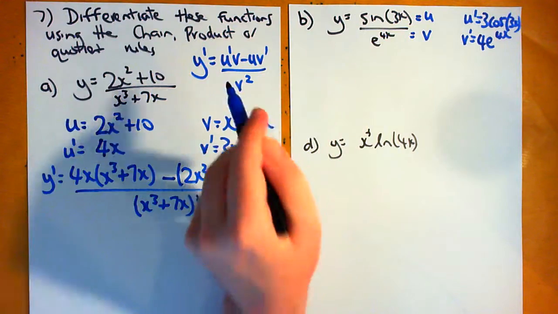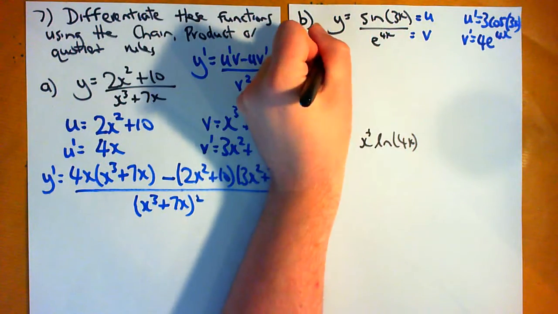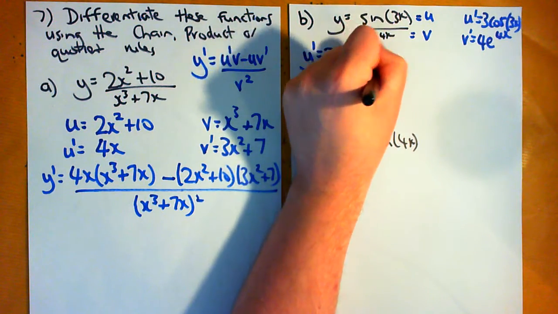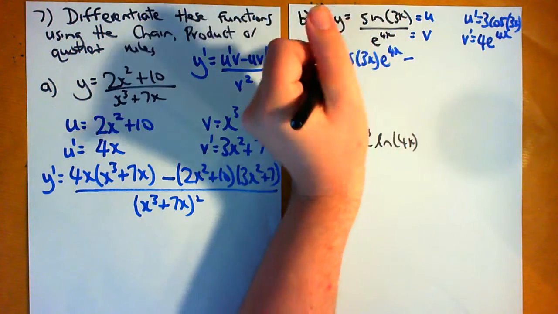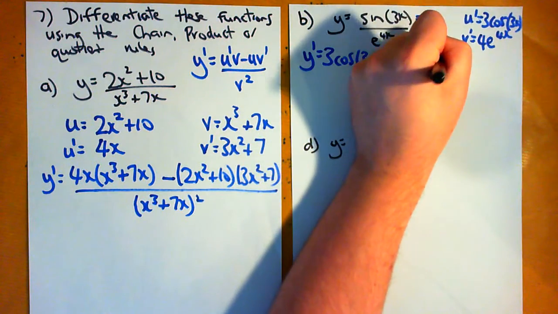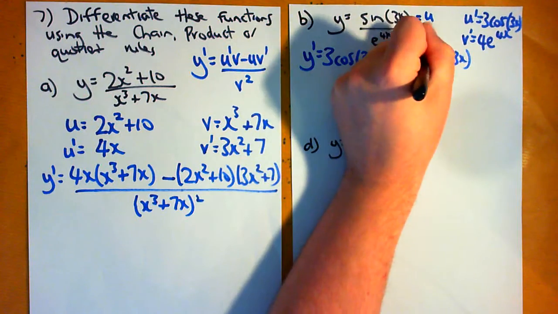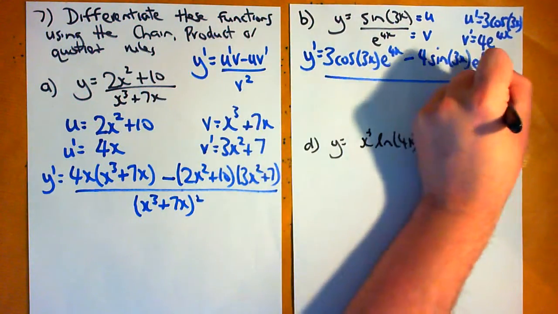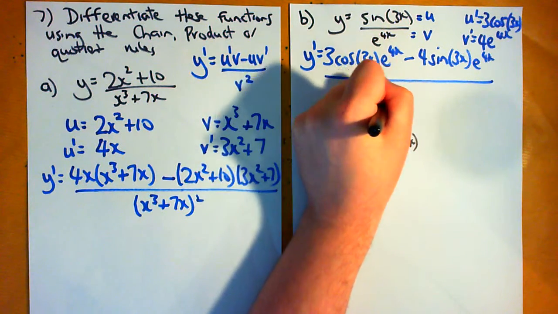Okay, so our quotient rule gives us y dash is u dash, which is 3 times cosine of 3x, times v, which is e to the 4x, minus u, which is sine of 3x, times v dash, which is 4 e to the 4x, divided by, on the denominator here, we will have e to the 4x squared.